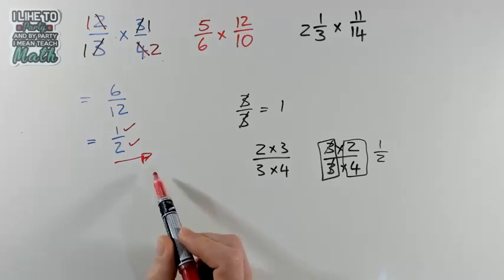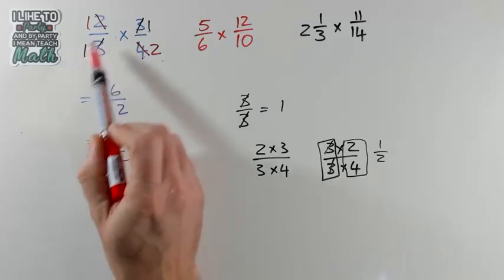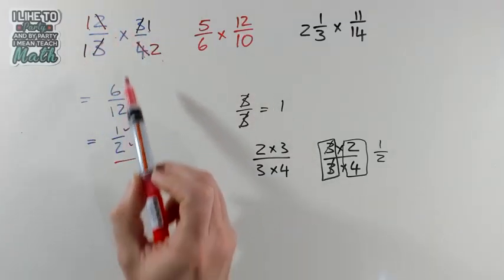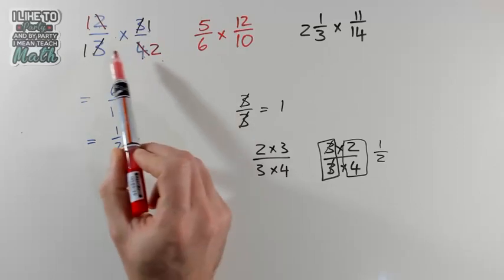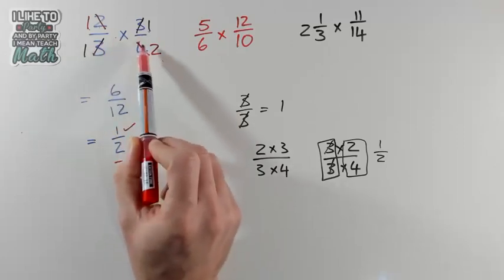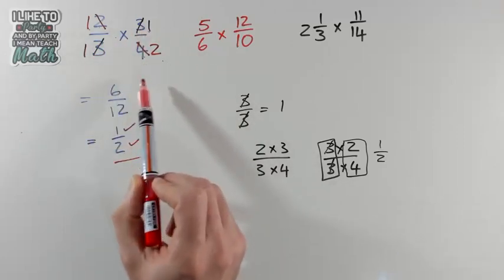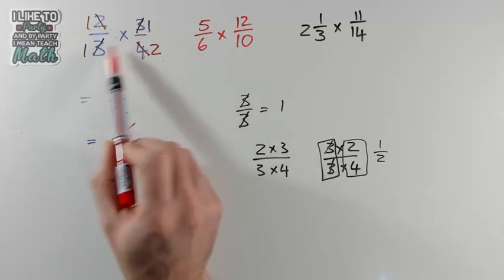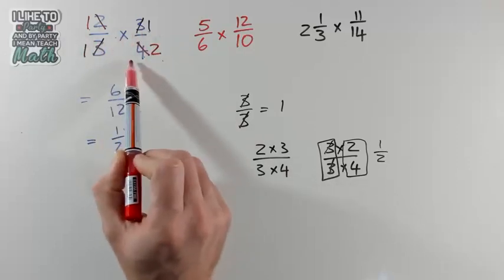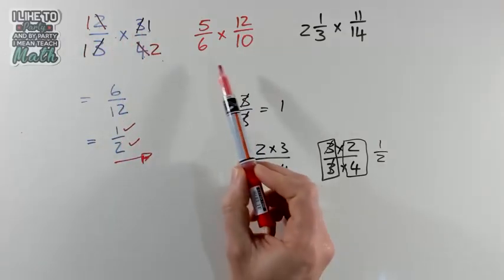So it kind of makes life easier. Obviously there's a lot of scratching out with something like this, but you don't have to do that. Sometimes it's easier because when we have bigger numbers, it's easier to multiply smaller numbers than bigger numbers.